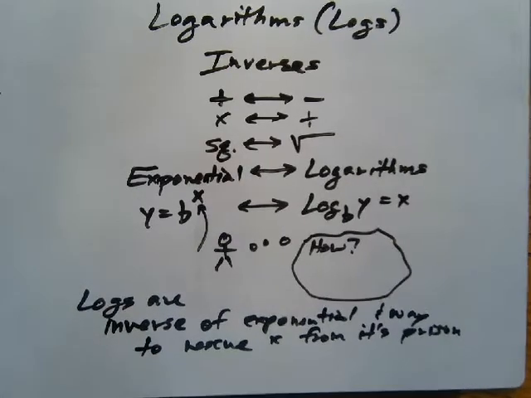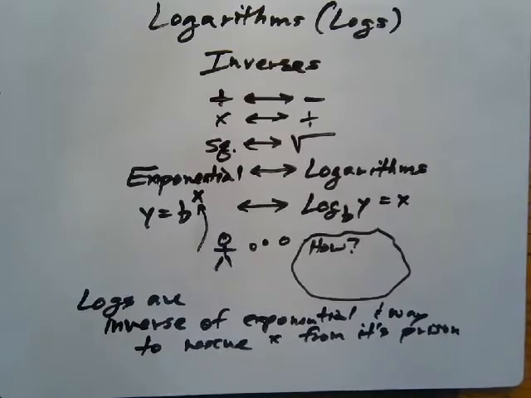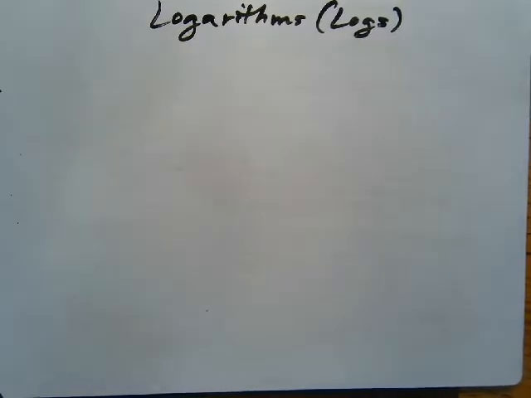Now, what I just explained to you here in the last 8 minutes or so is pretty important. If you need to, go back and watch it again, because it explains completely why we do algebra and why logarithms are needed. All right, so let's get into the nitty-gritty of what logarithms are. This operation called logarithms is the undo operation for exponentials.